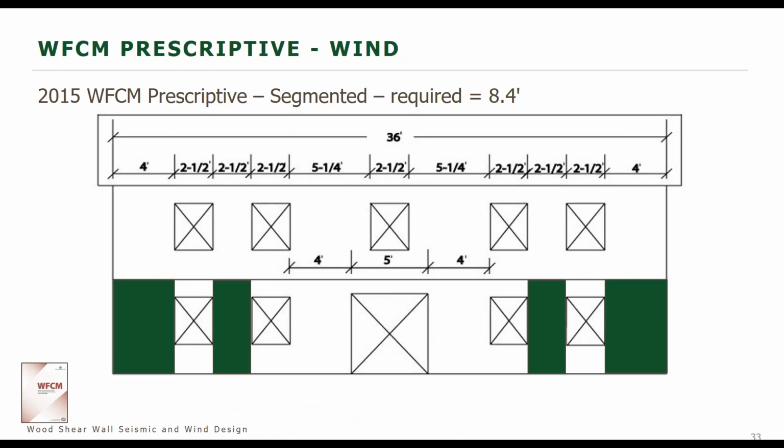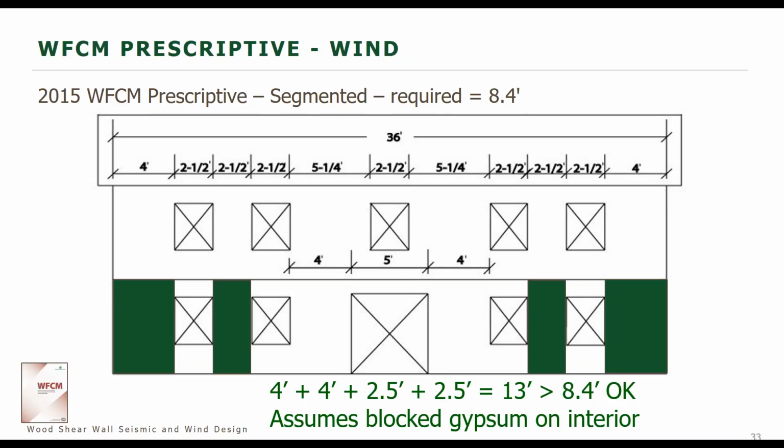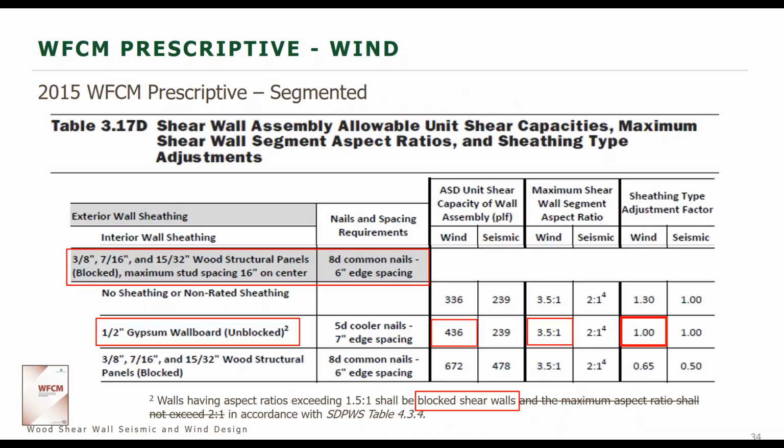So if we go and look at our diagram, if we provide full height segments at the ends and between the windows, we're providing 13 feet of full height segments, which is greater than that 8.4, so we're all right. And again, this is with the assumption of that blocked gypsum on the interior.